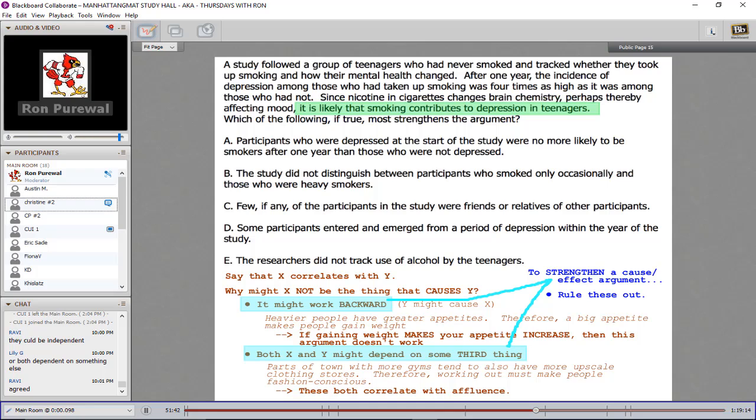Let's talk about it. You could also just prove that the correlation is actually real, so rule out a problem with the data themselves. A lot of these problems are meant to make you think critically about statistics and data.